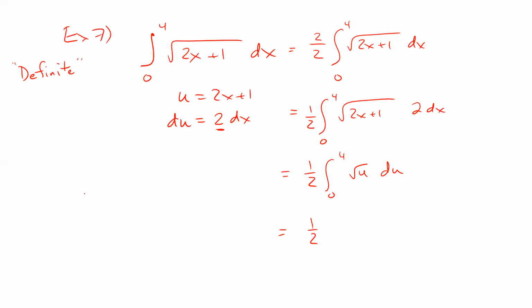Off to the side, the square root of u is equal to u to the 1/2. And then the antiderivative of this would become u to the 3/2, divided by 3/2.